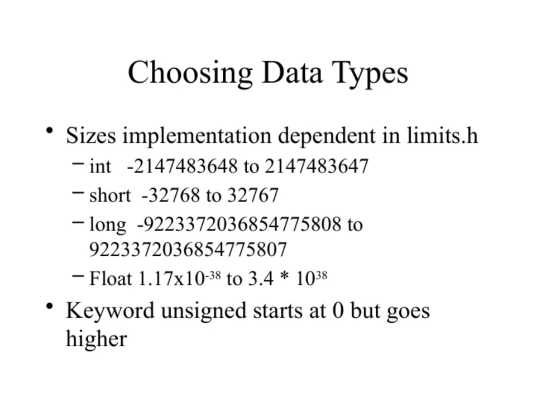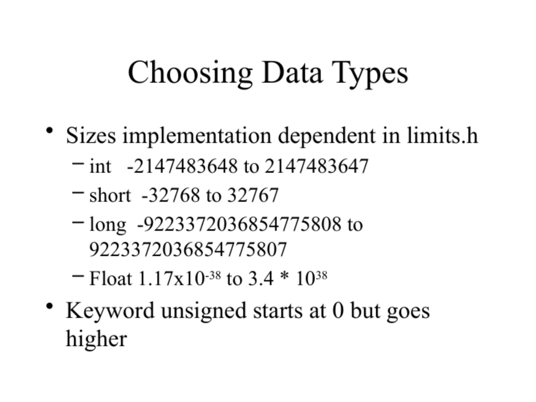Now, let's take a look at how sizes are implemented depending on limits. For the int data type, the range is from about minus 2 billion up to 2,147,483,647. Moving on to short, it covers from minus 32,768 to 32,767.